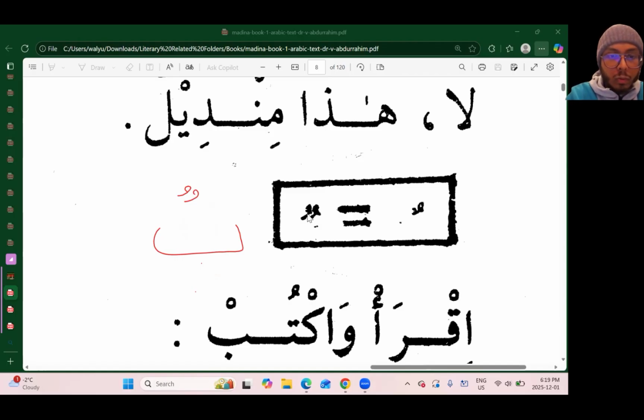Alternatively, what you can do is do this strange shape, something like that, if you want to copy it. But I would just suggest sticking with the regular two dhammas. A lot easier to write. All right.